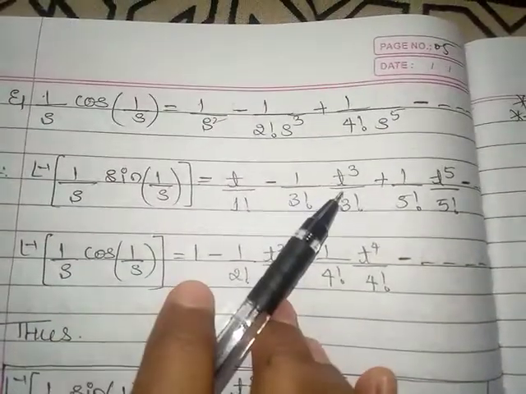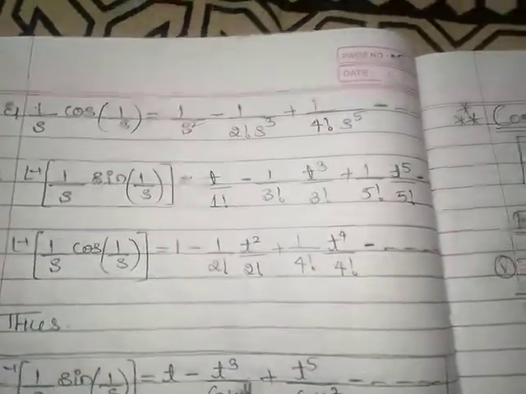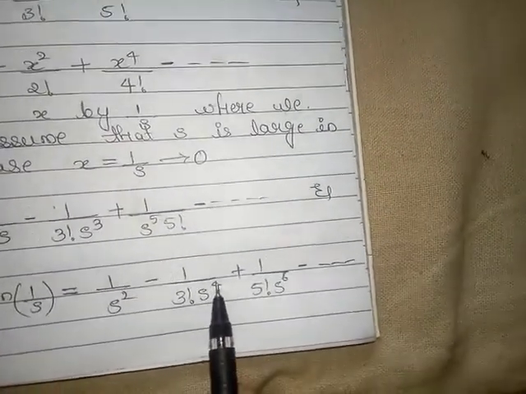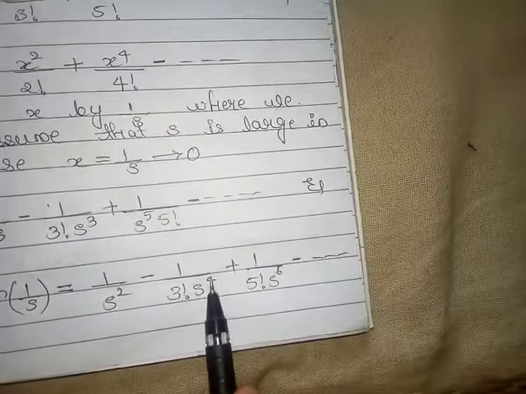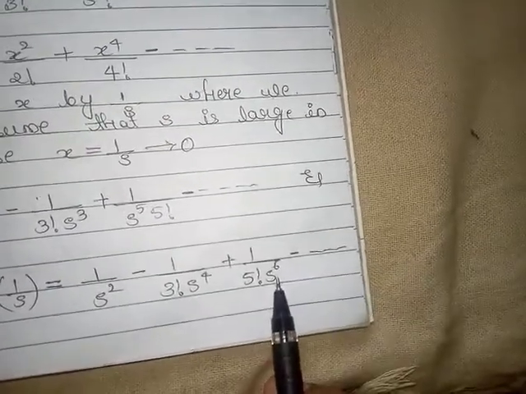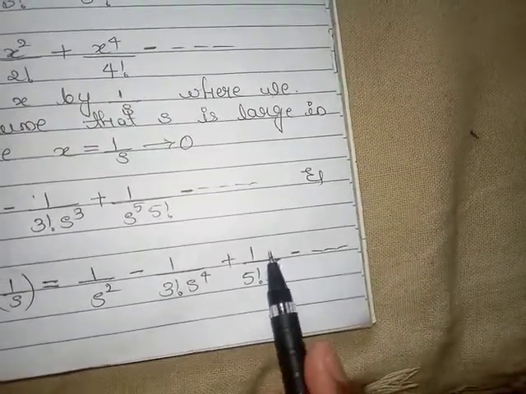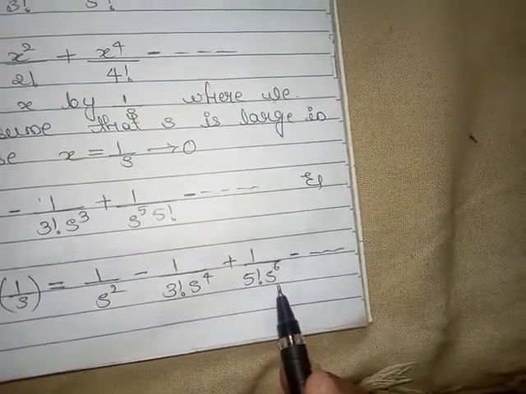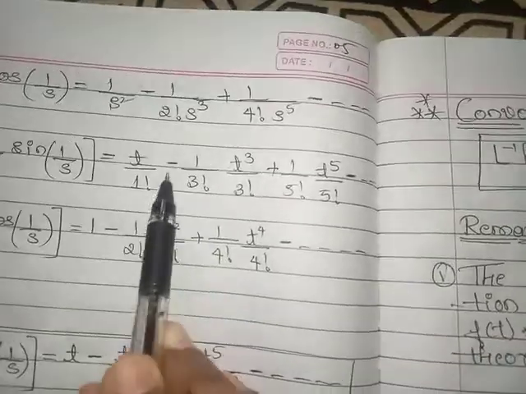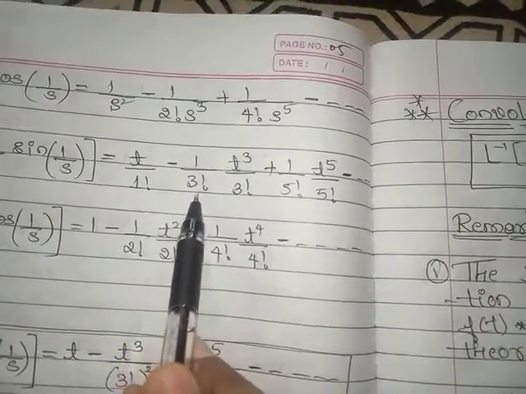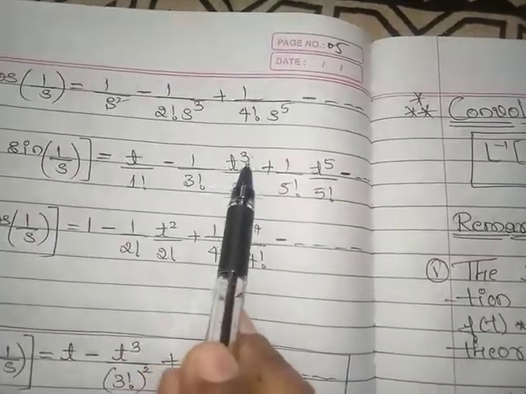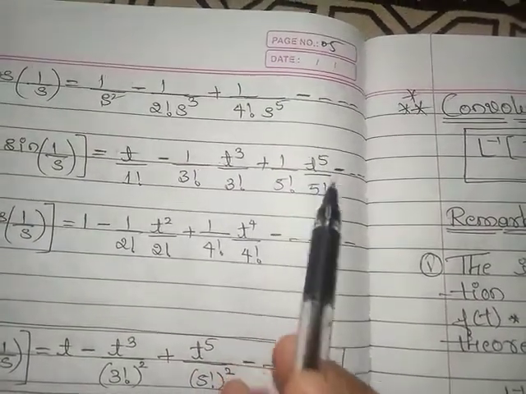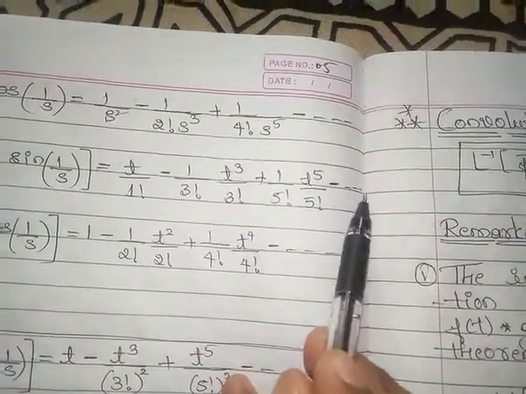Then for the second one, L inverse of 1/s^4 is t^3/3!, and of 1/s^6 is t^5/5!. Therefore it is minus 1/3! as it is t^3/3! plus 1/5! as it is t^5/5! - and so on.